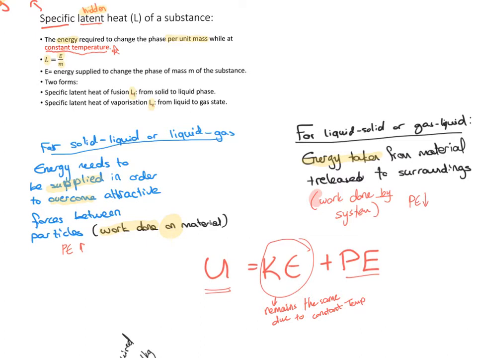That means that the internal energy will increase in the first case, since kinetic energy remains the same but potential energy changes, and in this case, the internal energy will decrease. So energy will be released to the surroundings. Let's say you had water molecules freezing, they will release the energy to the surroundings. So the internal energy of the liquid going to a solid will decrease, and it will go instead to the surroundings, so whatever is in contact with it.